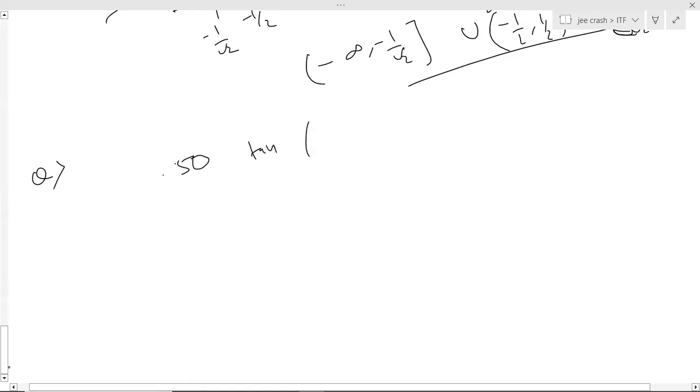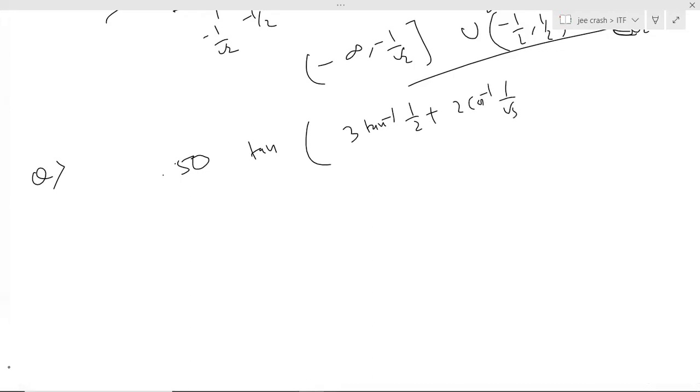50 tan of (3 tan inverse half plus 2 cos inverse 1 upon root 5 plus 4 root 2 tan of half tan inverse 2 root 2). All right.